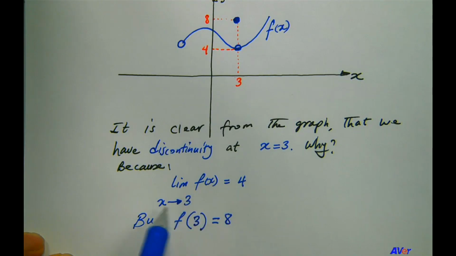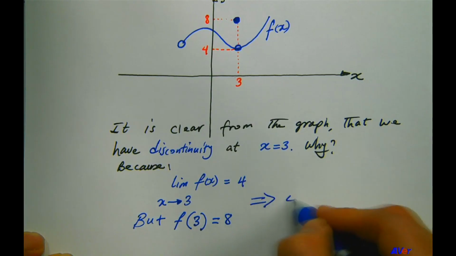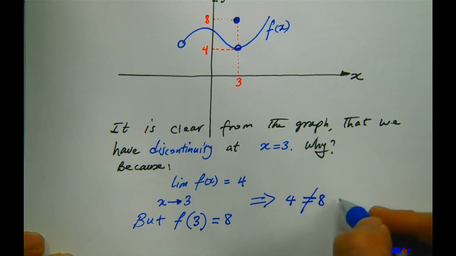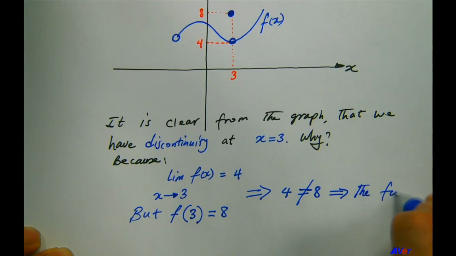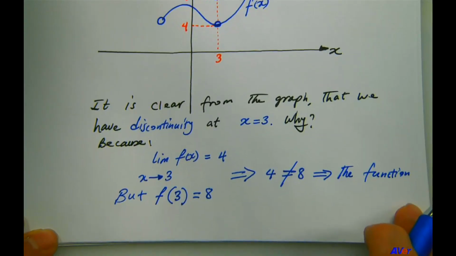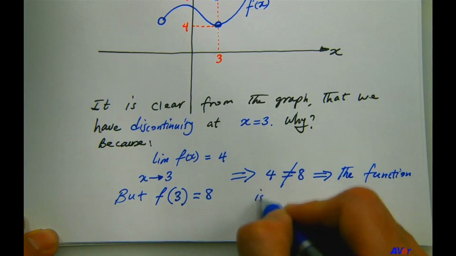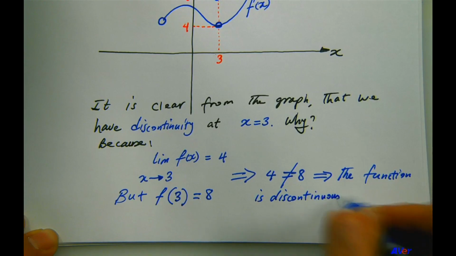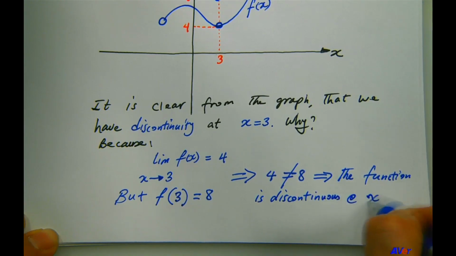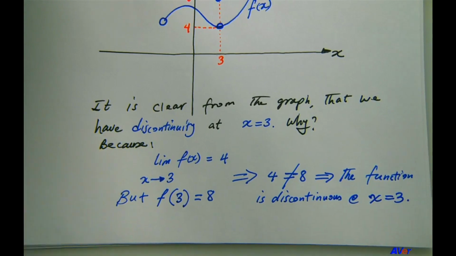The limit of the function as x approaches 3 is equal to some value that is not equal to the value of the function at 3, which is 8. So therefore, 4 is not equal to 8. Therefore, the function is discontinuous at x equals 3.